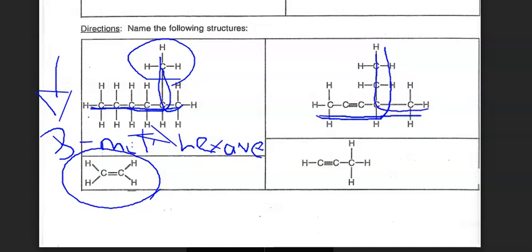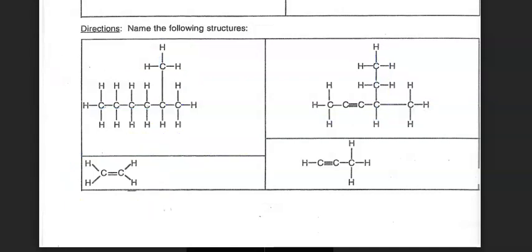So we're going to go ahead. Let me erase everything here. And we're going to deal with this as 1, 2, 3, 4, 5, 6. So that's hex again. And we have a triple bond. So this is hexyne, which is the Y-N-E ending.